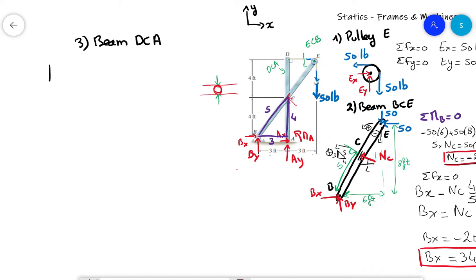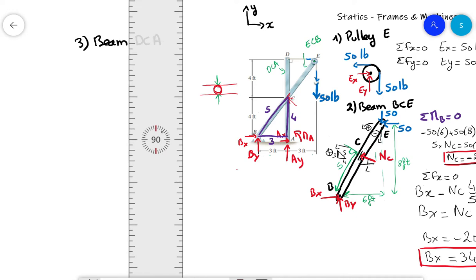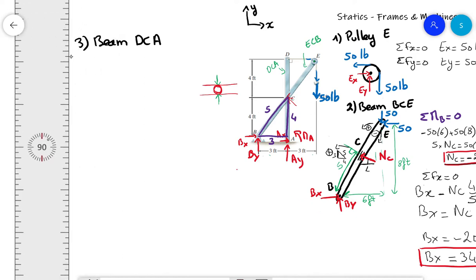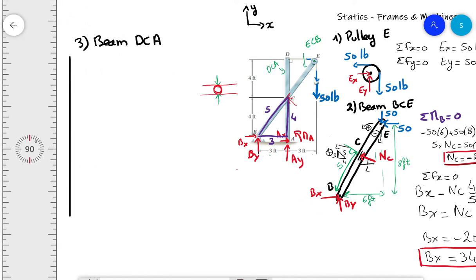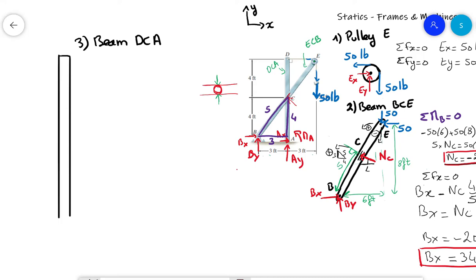So this is the beam. Let me just take the ruler. I can cheat. Easy, right? So that's a beam.